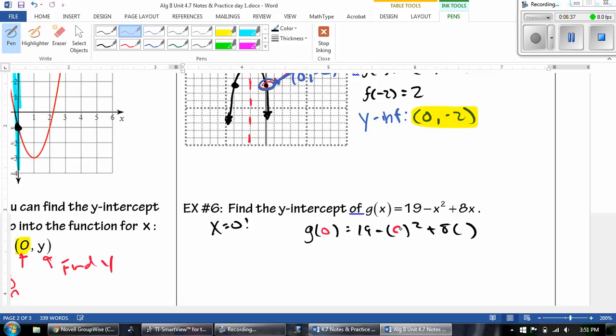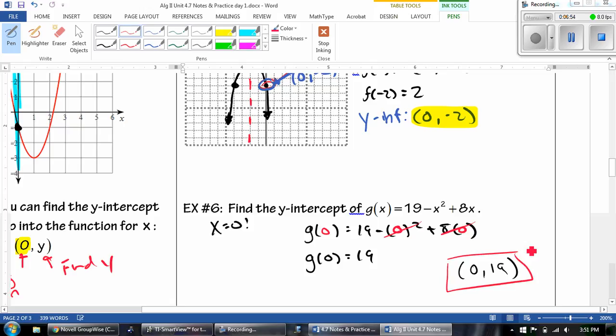So I'm going to plug in 0. 8 times 0 is 0. 0 squared is 0. So I know that g of 0 equals 19. So my vertex, sorry, not my vertex, but my y-intercept on number 6 is (0, 19).